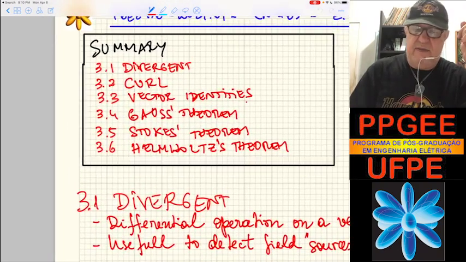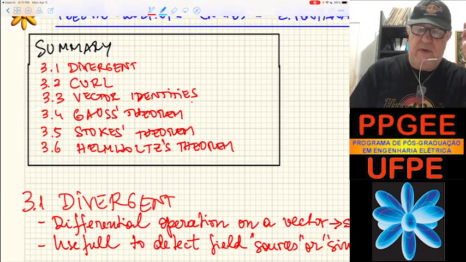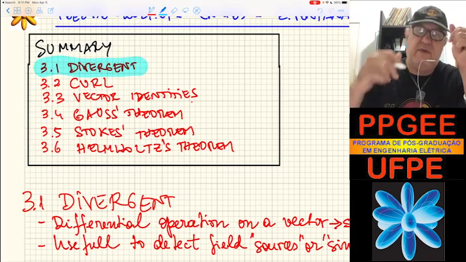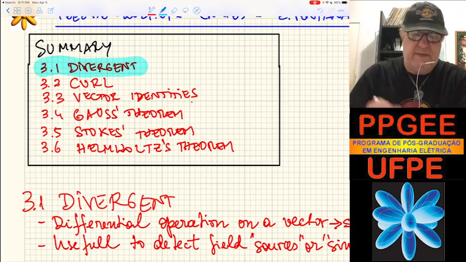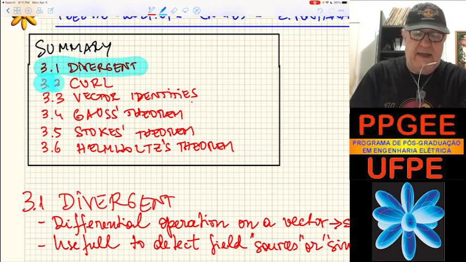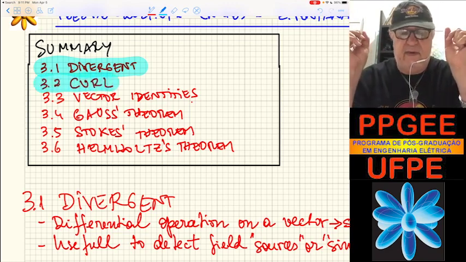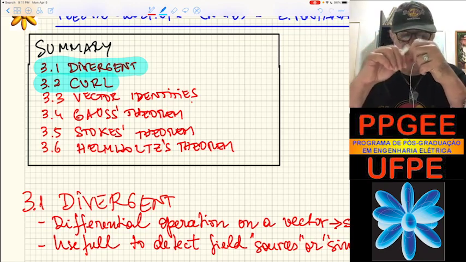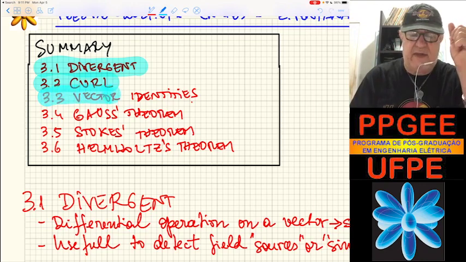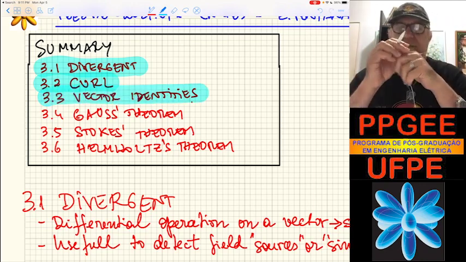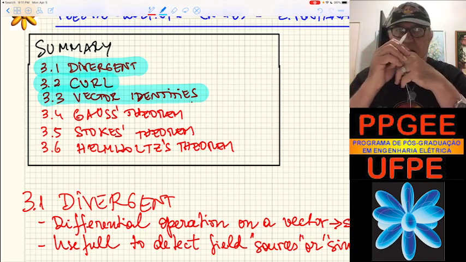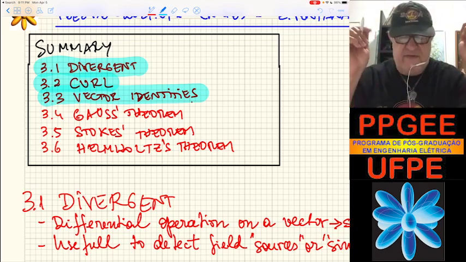So in summary, today's plan: we're going to talk about the divergence operation on a vector, which gives a scalar function. The analogous operation that gives a vector is the curl operation on a vector. I'll talk briefly about some vector identities. Some are very easy to demonstrate, while for others the demonstration is more involved.